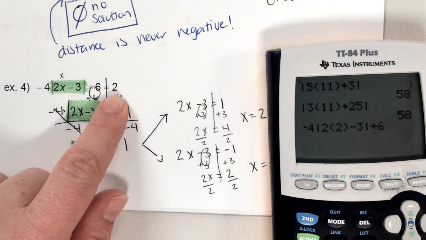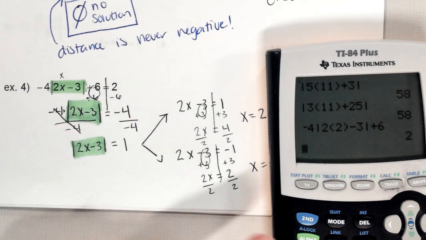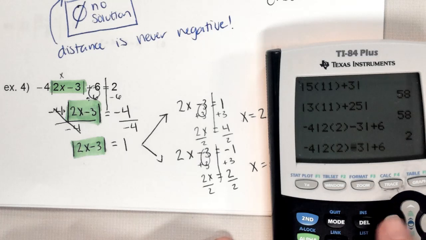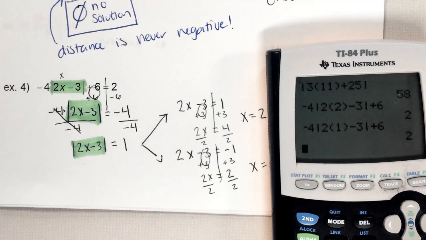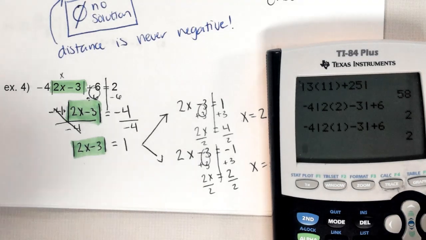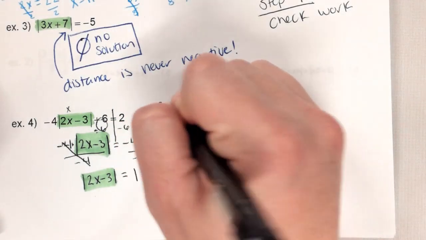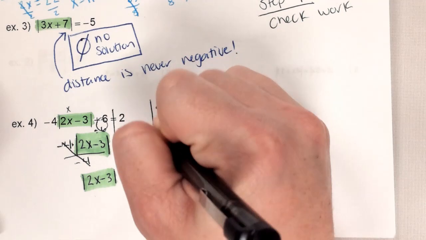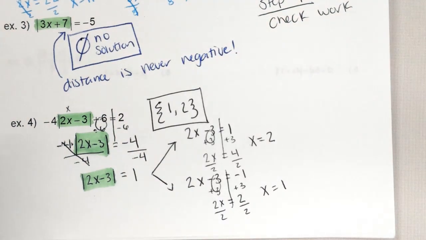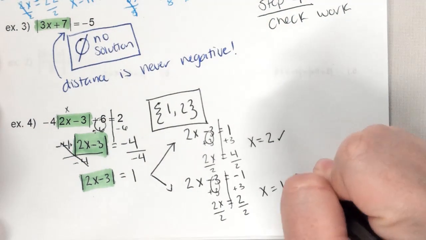It should equal 2. Did it work? Yes. And again, we can hit second enter, go erase that 2 and put a 1. Did that also work? So we did it correctly, and my answer is 1, 2 inside fancy brackets. You'll notice I'm not using parentheses. I'm using fancy brackets. Yes?